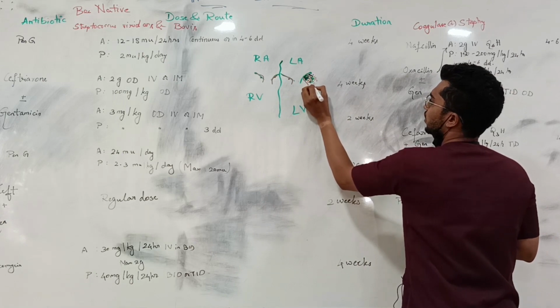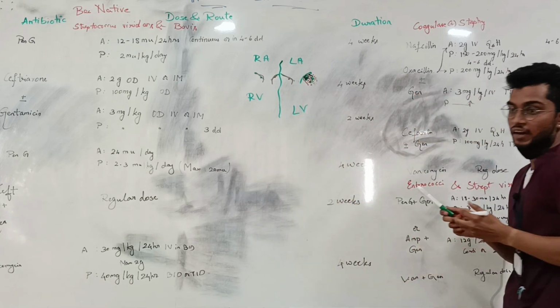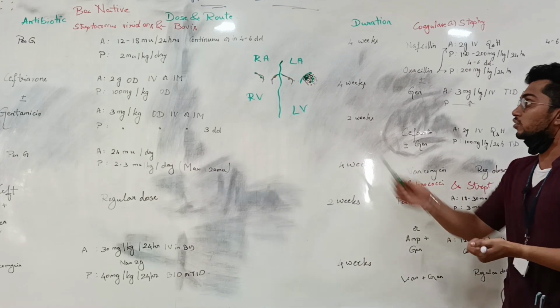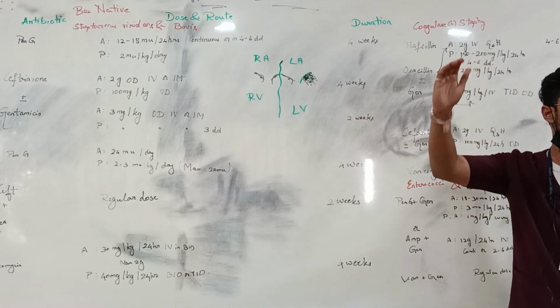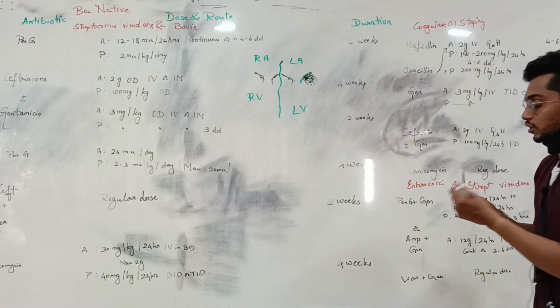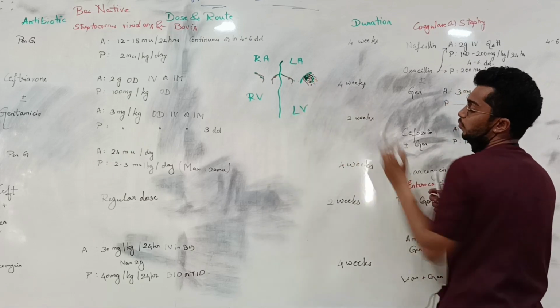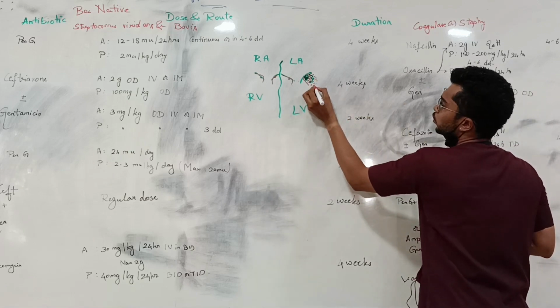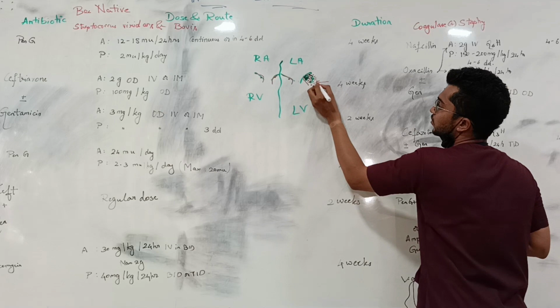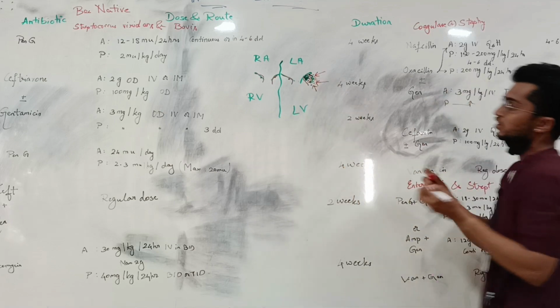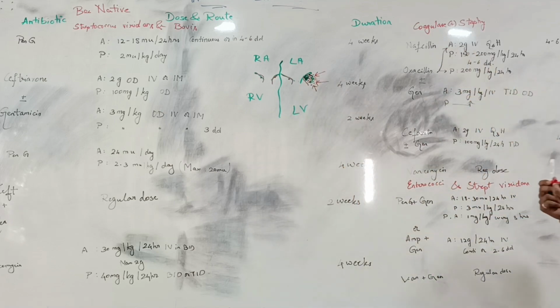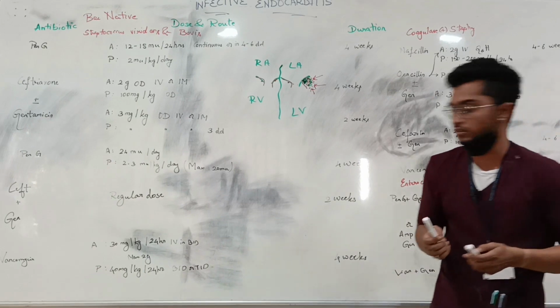So it will form a kind of biofilm around the bacterial vegetation, which will cause it to persist for a much longer period of time. And due to this platelet and fibrin, it is very hard for most antibiotics to penetrate. So for this reason, the antibiotic regimen is mostly very long, that is 4 to 6 weeks.